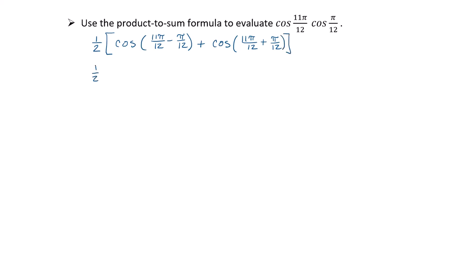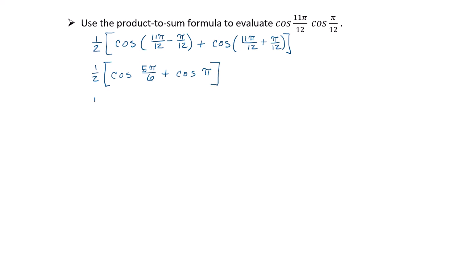Now, to simplify from here, I have 1/2 times the cosine of, this is 10 pi over 12, or 5 pi over 6, plus the cosine of this 11 pi over 12 plus pi over 12 is 12 pi over 12, or pi.